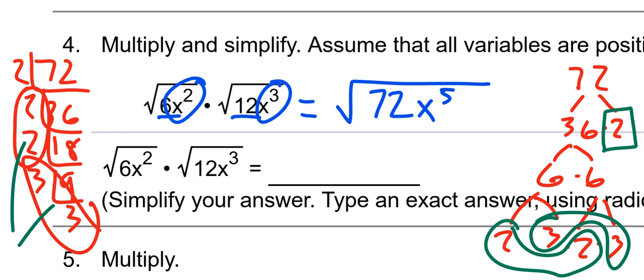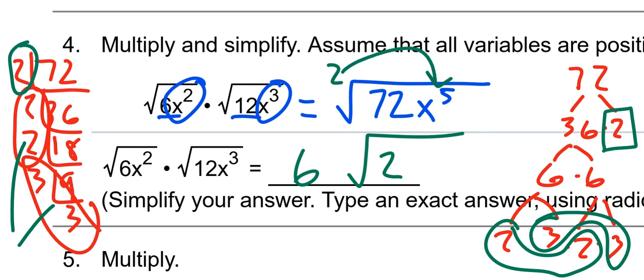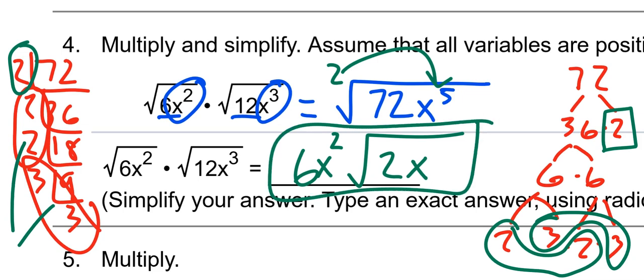Question? Anything? 6 comes out. What's trapped inside? If the 6 comes out, what's trapped inside? 2. The index that's out here, 2 goes into 5 how many times? 2 with how much left over? 1.